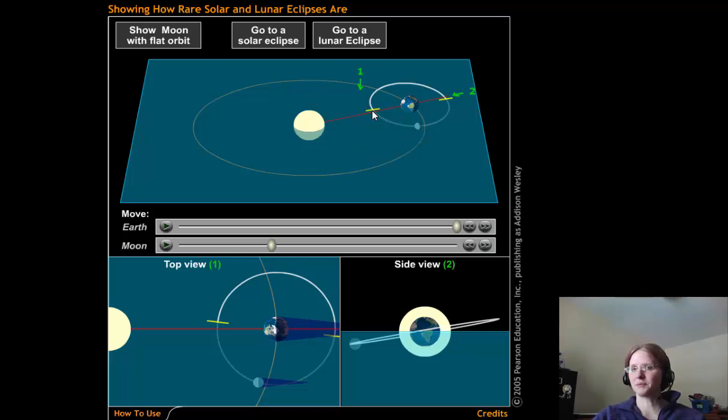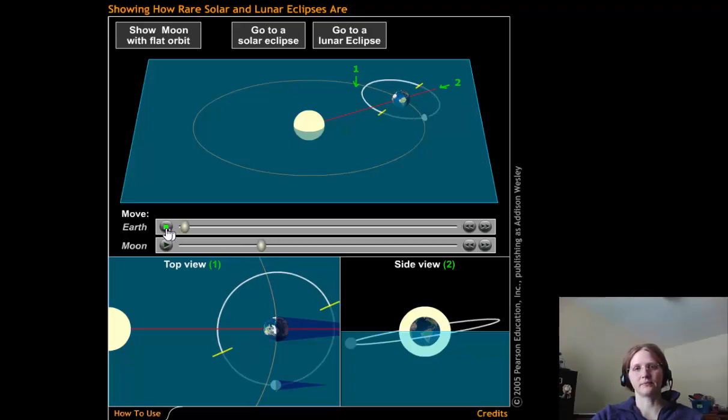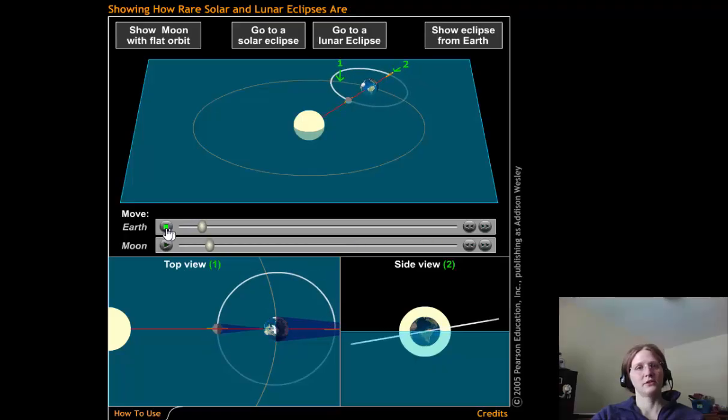Now to get an eclipse, you need a full moon to happen on the node. So this little yellow part needs to line up. Or for solar eclipse, you need the new moon to happen when the node is there as well. So I'm going to go through now, play it again, and just narrate the eclipses. Solar eclipse.